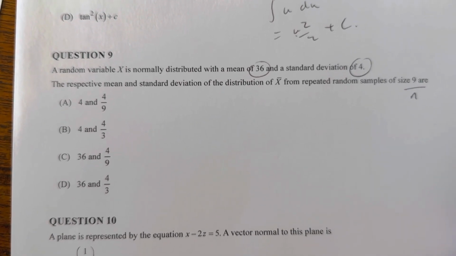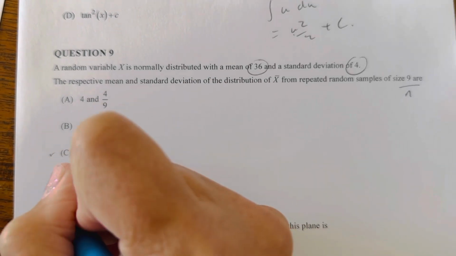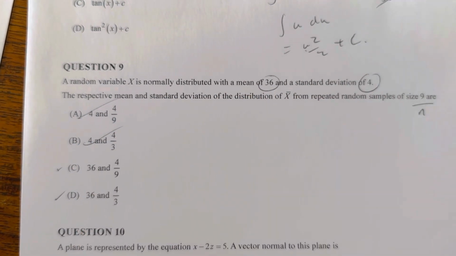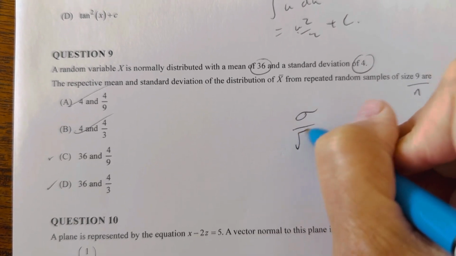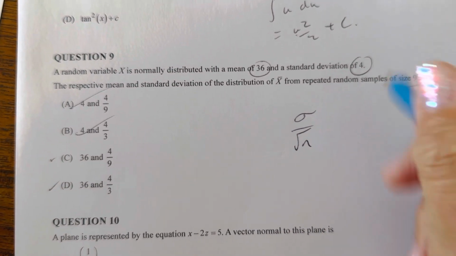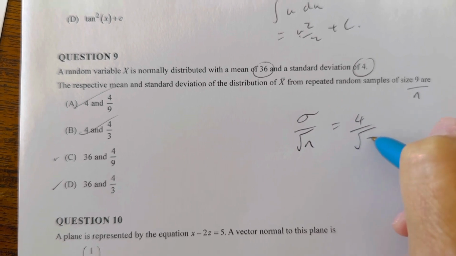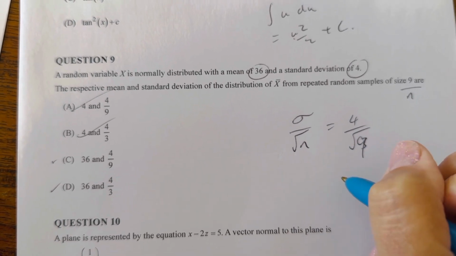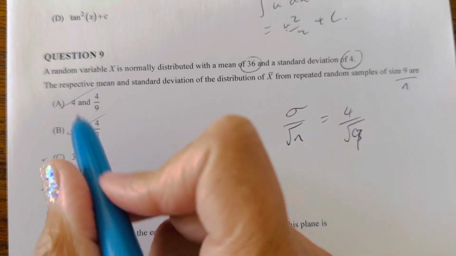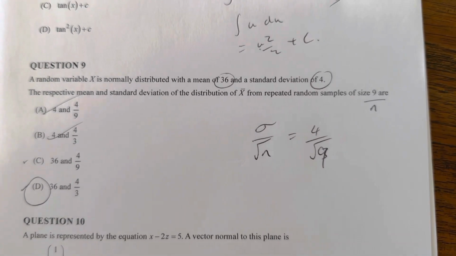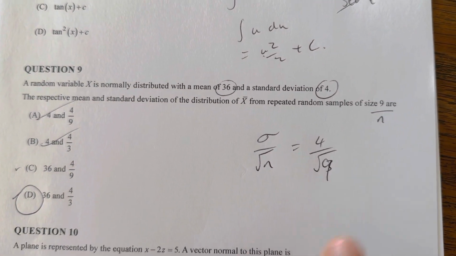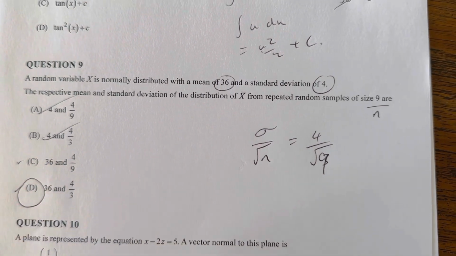The mean doesn't change, so I'm looking at either this one or this one. Get rid of those. Remember, the standard deviation is the standard deviation over the square root of n though. So that's going to be 4 over the square root of 9, which obviously is 4/3, giving me D as my answer. Just got to remember to square root that bottom. That was obviously the differences.